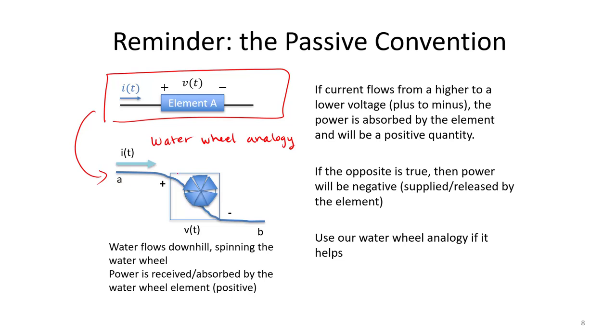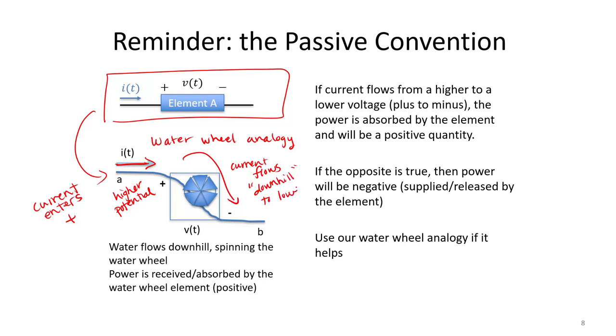If current enters the positive terminal, that means that we're starting at a higher voltage or a higher potential. That means our current is flowing downhill to the lower potential.